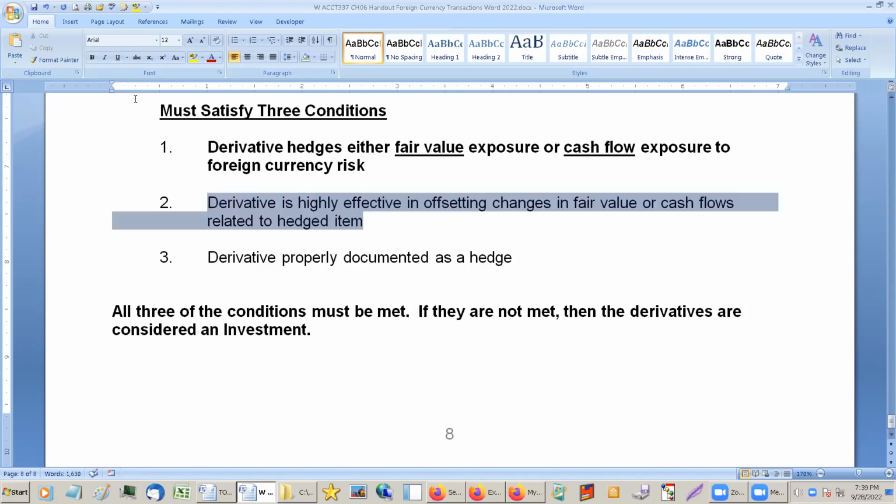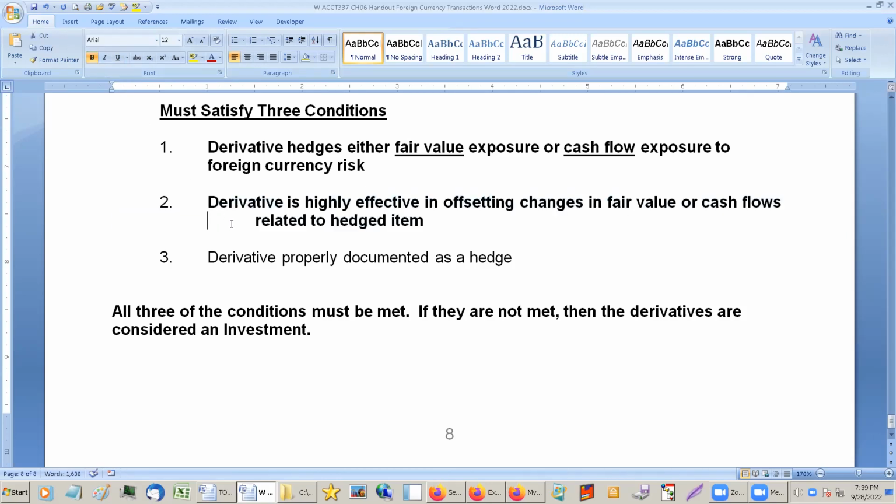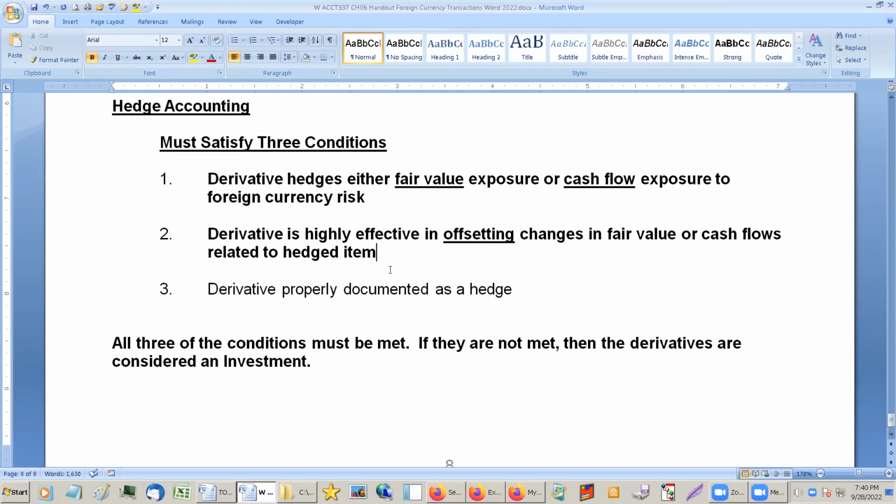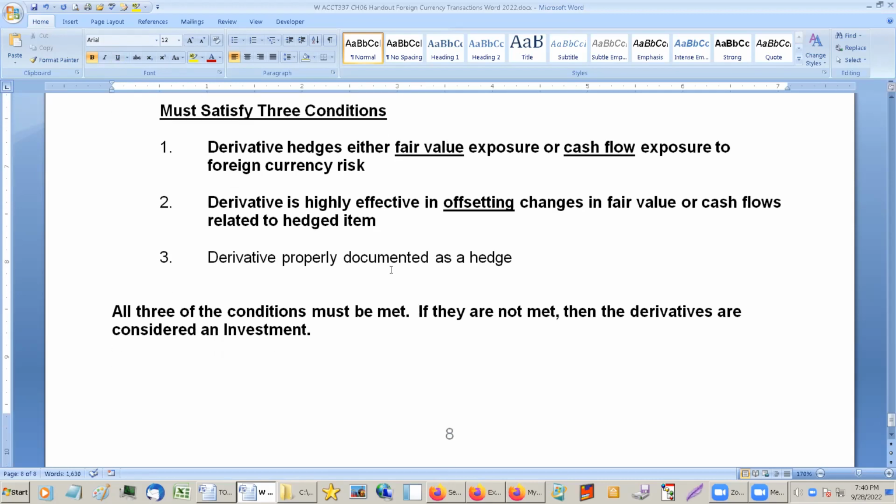That it actually does what it's supposed to do. It actually needs to offset the risk. So there has to be something that it offsets. So if I buy rupees and I don't have a contract in rupees, that is not offsetting anything. At that point, that becomes an investment.